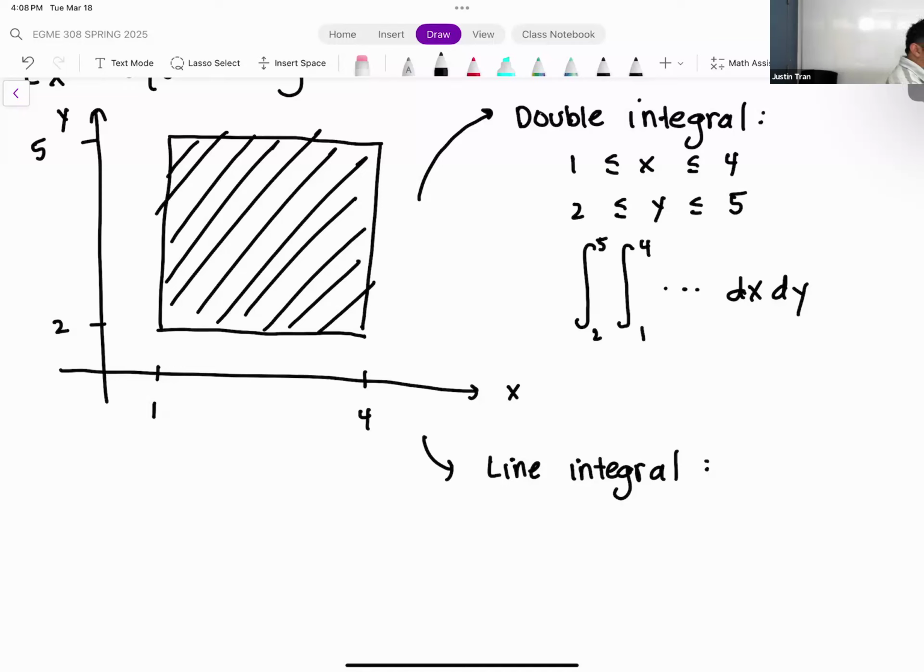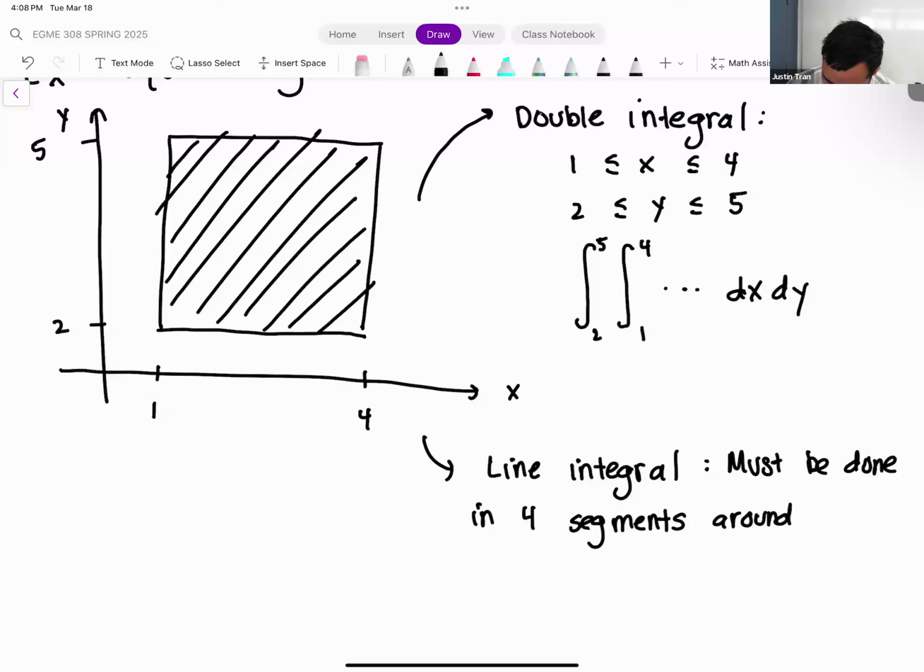We can't have just one curve that goes around the entire domain because of the sharp corners, right? So we have to do this line integral in 4 different segments. I'm going to start from the bottom: segment 1, segment 2, segment 3, segment 4.